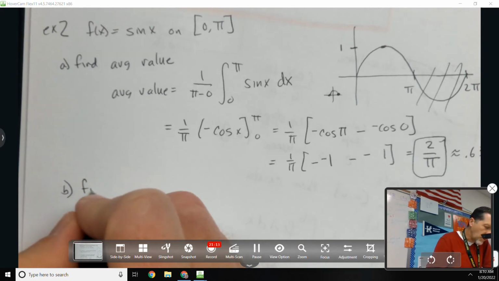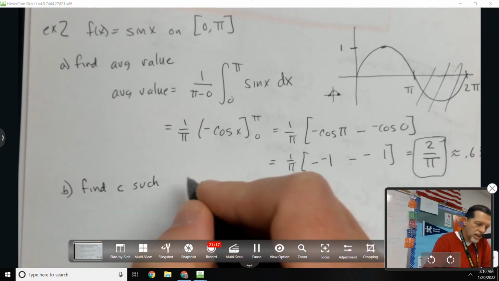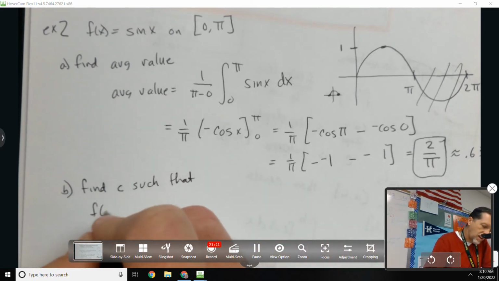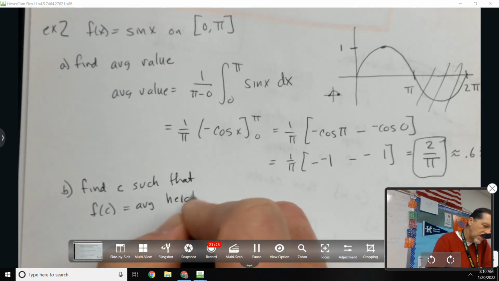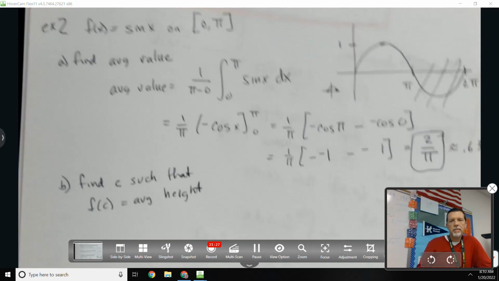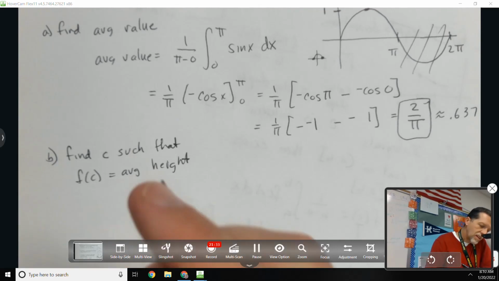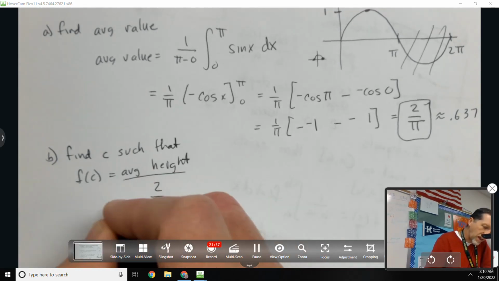Part B is always going to be the same thing. Find C such that f of C equals the average height. Or find C guaranteed by the mean value theorem. Well, the average height we just found, that's 2 over pi.